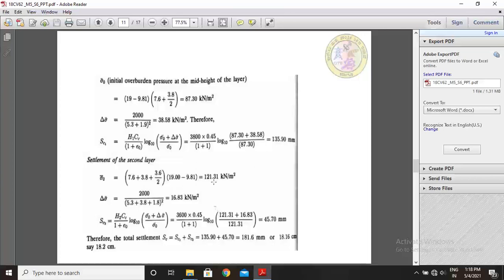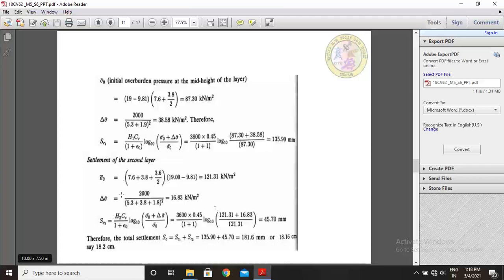So finally we are getting 121.31 kilonewton per meter square. That is the overburden pressure. Then change in pressure equal to load by area. So that is 2000 divided by (5.3 plus 3.8 plus 1.8) square. So 16.83 kilonewton per meter square.